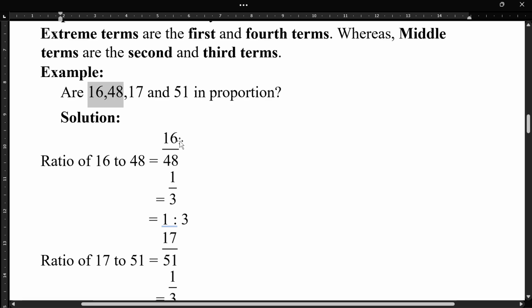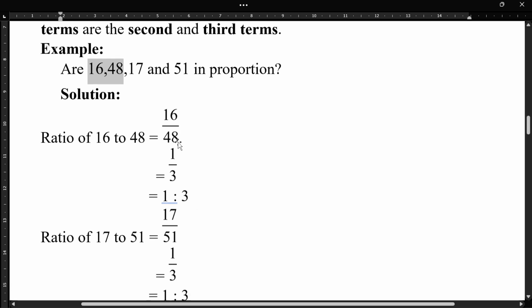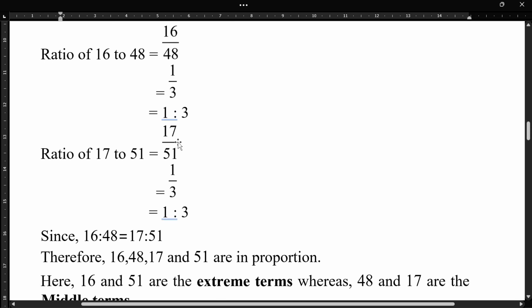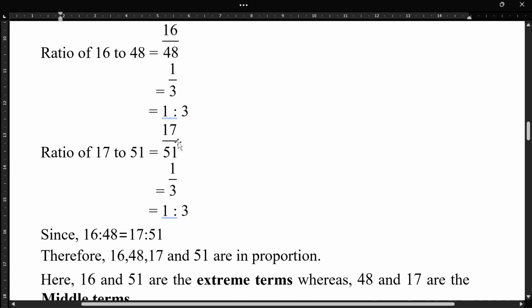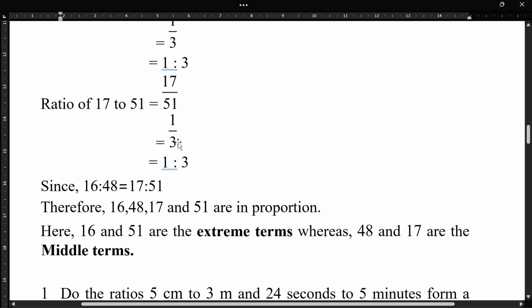If we divide both the numbers by 16, 16 ones are 16 and 16 threes are 48, so the ratio will be 1 ratio 3. The same if we do with 17 and 51, both are multiples of 17, and the ratio will be 1 ratio 3. Both have the same ratio, so we will call this a proportion.